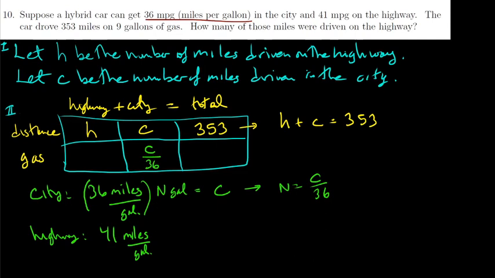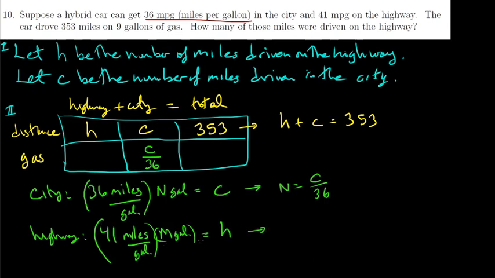Doing the same for the highway, say it's m gallons on the highway. Multiplying gives the total number of miles, which is h, and that's what we're looking for.